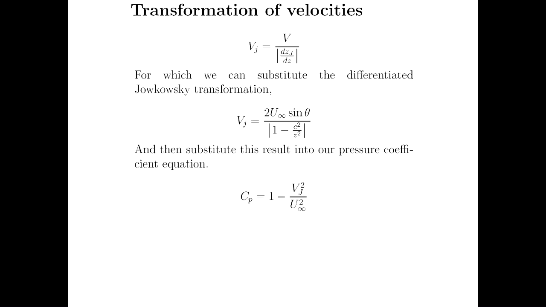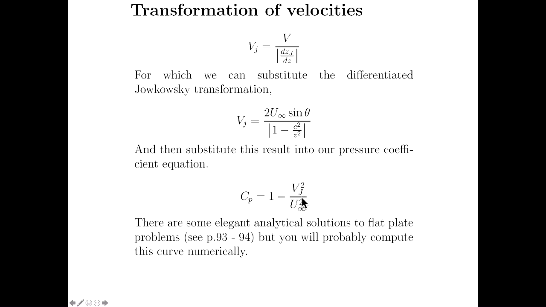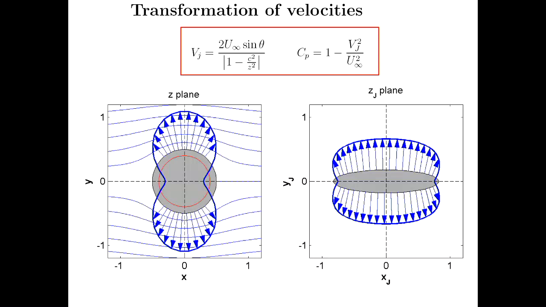I can then substitute this result into our pressure coefficient equation, which is this one here. There are some elegant analytical solutions to flat plate problems, but you can compute this curve numerically. If I plot the pressure coefficient, you can see that it will look a little bit different in your transform plane for this flow over an ellipse.